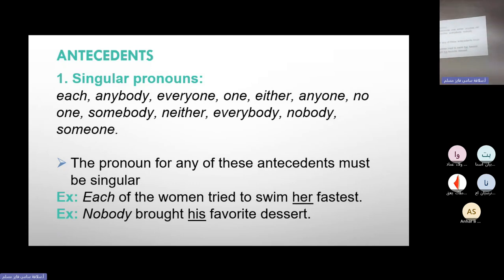Nobody deserves. Nobody, we don't know. Are they girls? Are they boys?